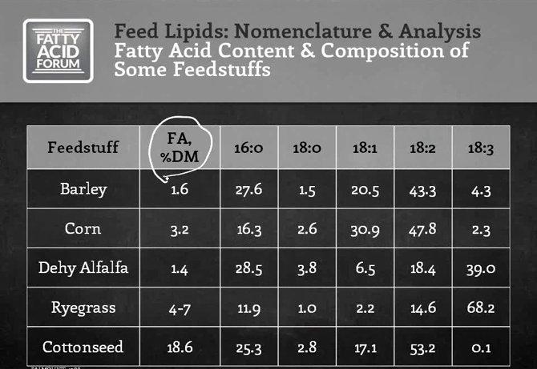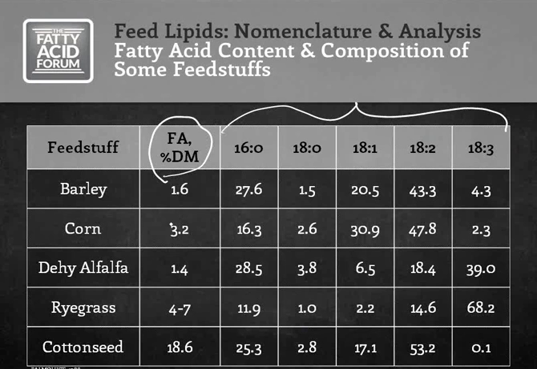So here's a breakdown of some common feeds that we use in dairy rations, showing fatty acid content. What is the fatty acid as a percent of the dry matter in that feed? Alfalfa, 1.4% on a dry matter basis is fatty acids. Corn, 3.2.